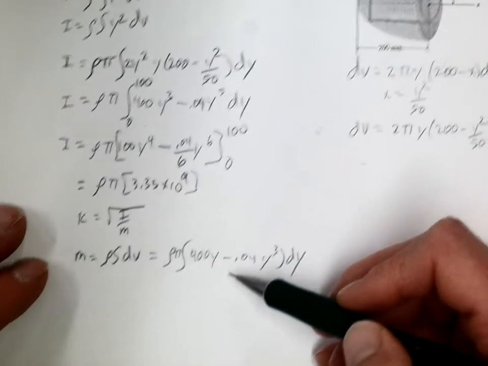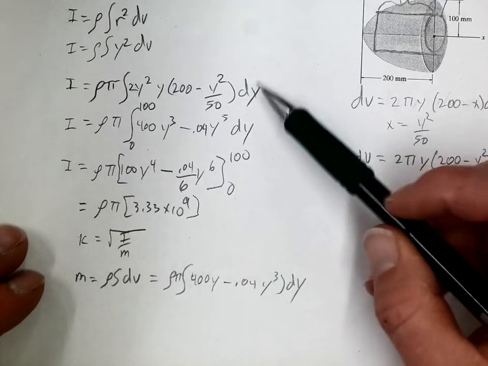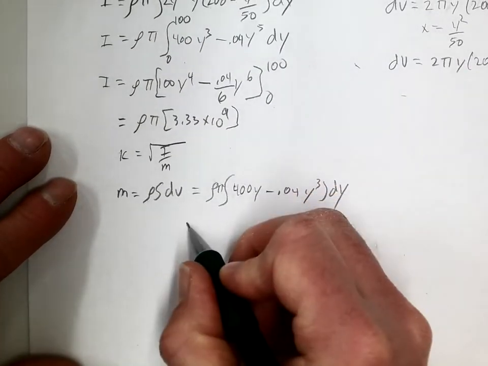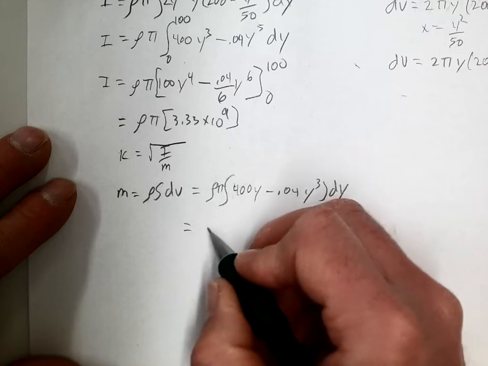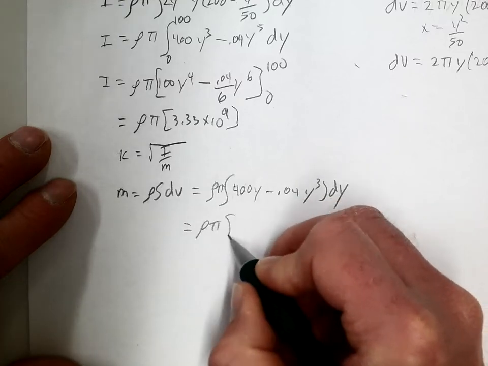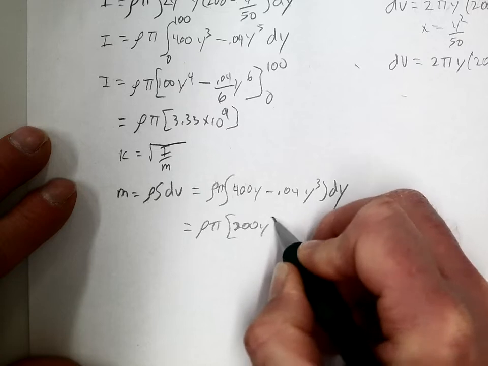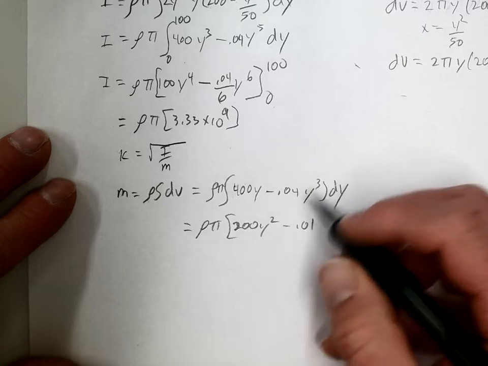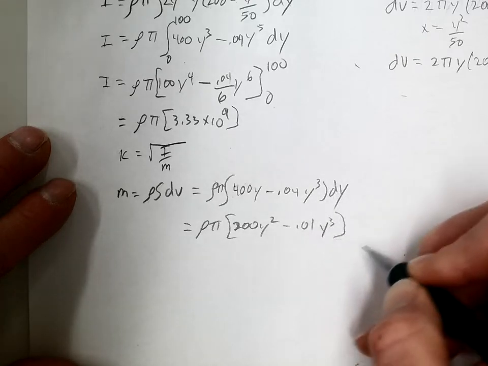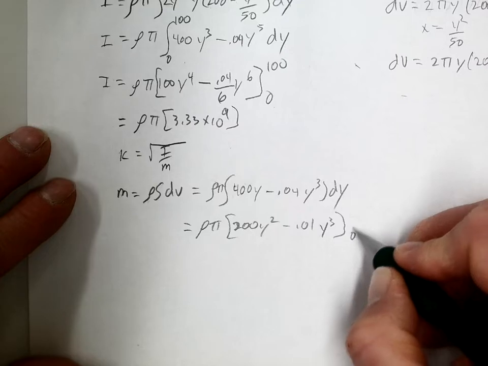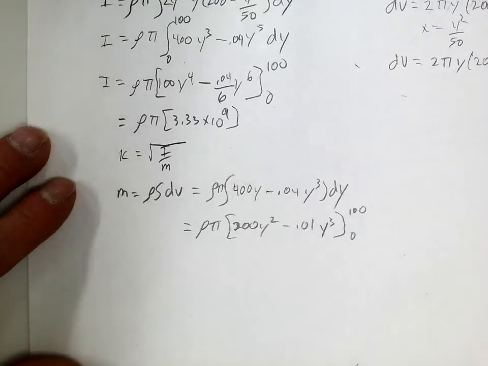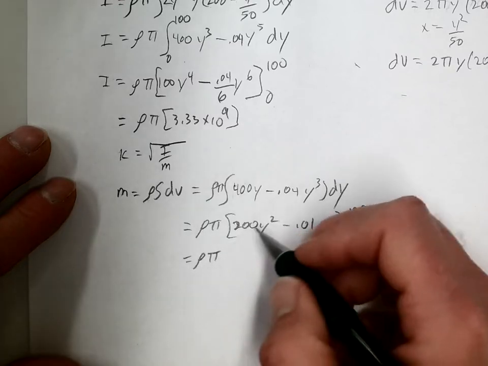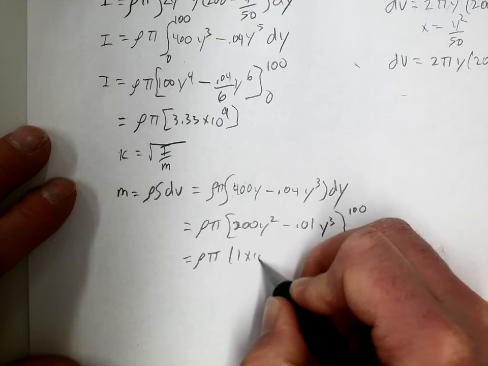This is the same integral as the one up here, it's just that we didn't have the y squared. So now we have the mass is rho pi, 200 y squared minus 0.01 y to the 3rd. Integrate that from 0 to 100 also. And that gives us rho pi times 1 times 10 to the 6th.